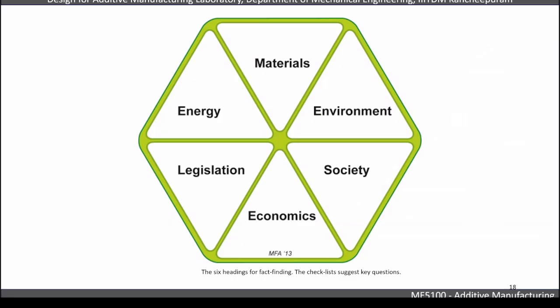So Professor Ashby talks about this particular framework. He talks about it as six headings for fact finding, right? He talks about materials, typically from how we design a product or use material in a process, and its impact on energy, environment, society and economics, which is the sustainability. But he also considers energy and legislation as a separate factor, because we know that we are living increasingly in a regulated world, right?